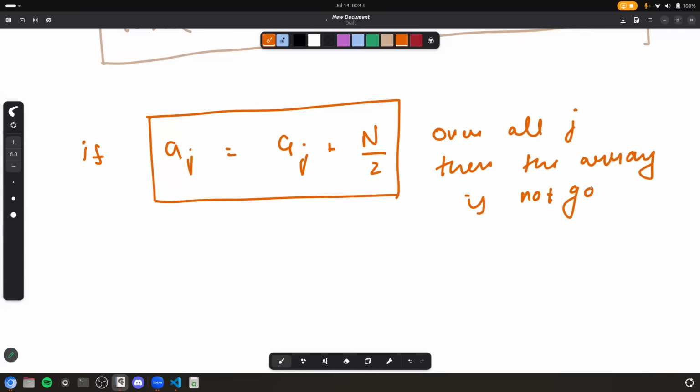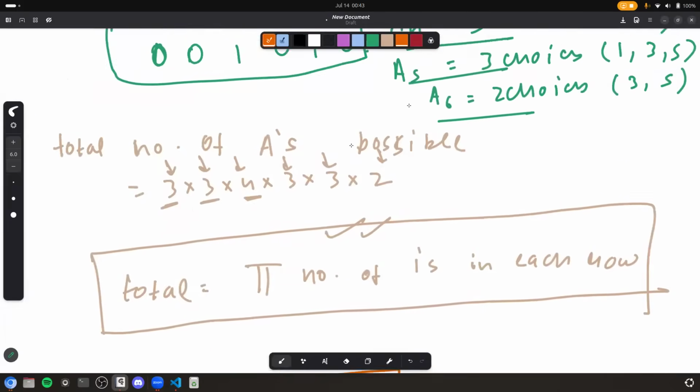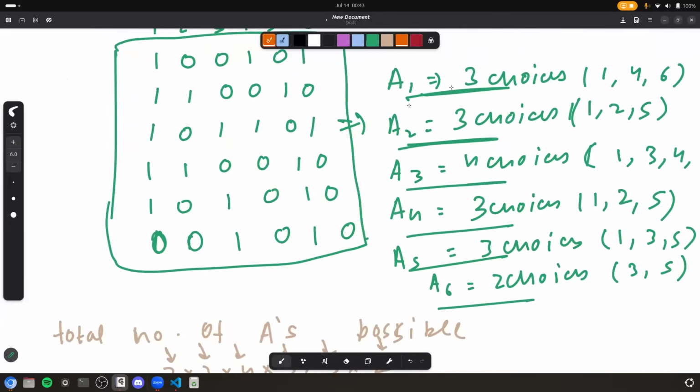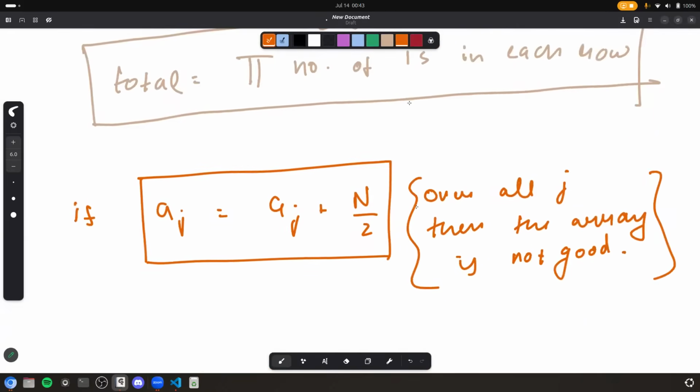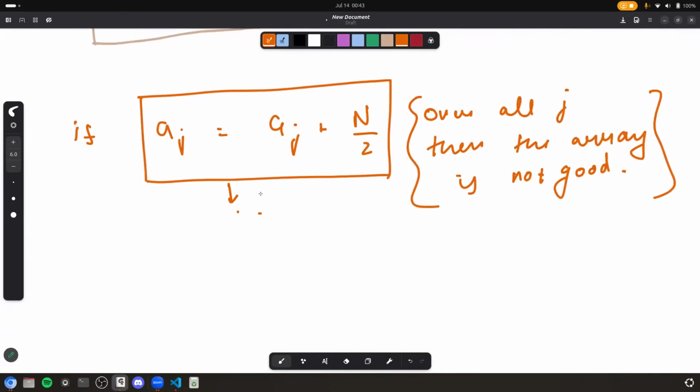Sorry, not good. So we can again apply a similar idea to what we used to find the number of A's. We just found the total number of possible choices for each Ai, and then we multiplied all of those together. So again, we can now find the total number of different choices for each Aj.